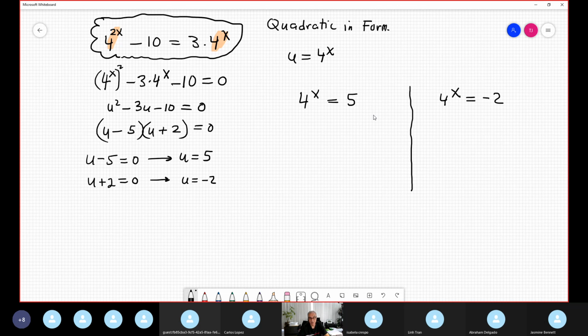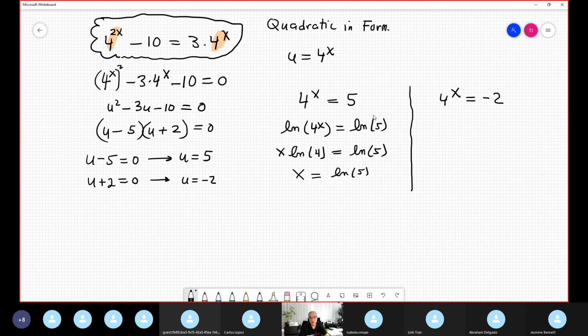Bueno, natural, I suppose. Natural log of 4 to the x equal natural log of 5. Again, we apply property number 7 that allows me to put the exponent to the front. Finally, divide by ln of 4 on both sides, x is equal to ln of 5 divided by ln of 4.